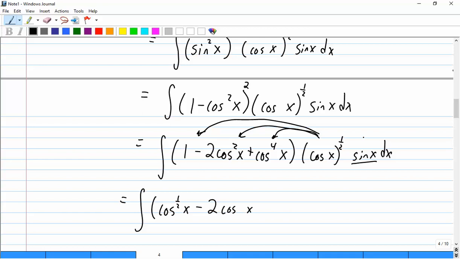So 2 plus 1/2 is 5/2, plus cosine, what's that going to be? 9/2, sine of x dx.